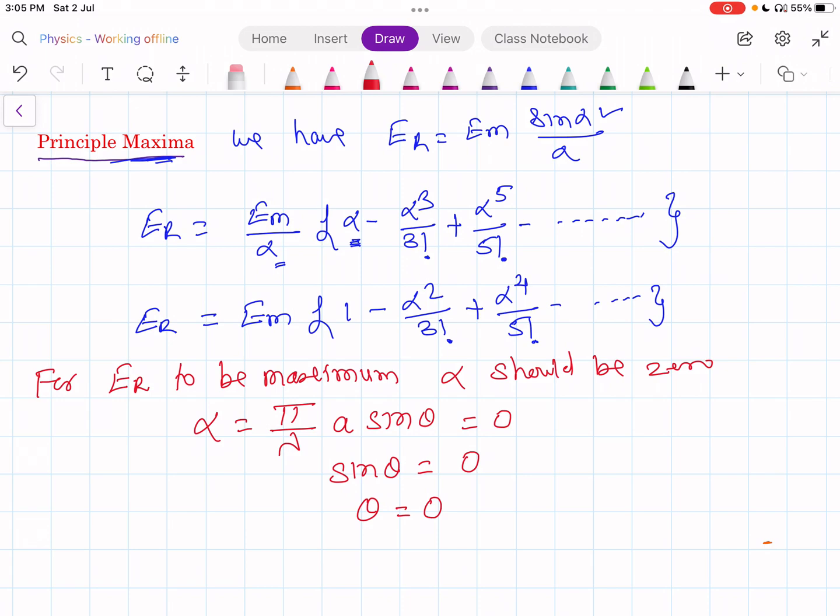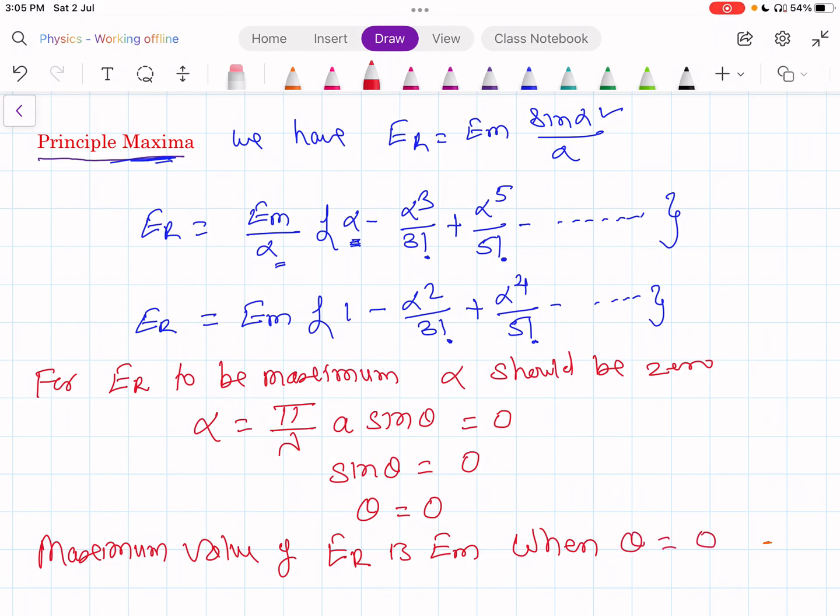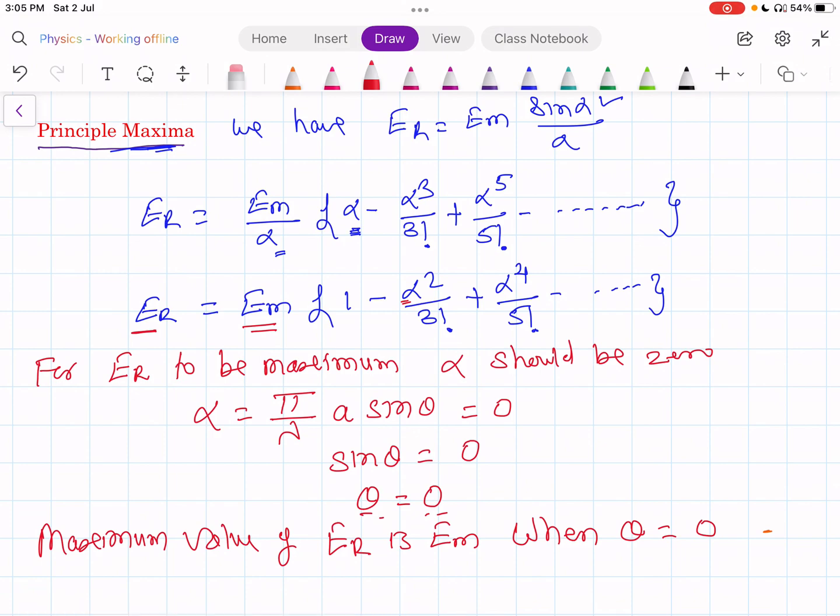In that case, the maximum value of Er is Em when theta is equal to 0. So when alpha is 0, that is when theta is equal to 0, you get Er equal to Em, and this is called principal maxima.